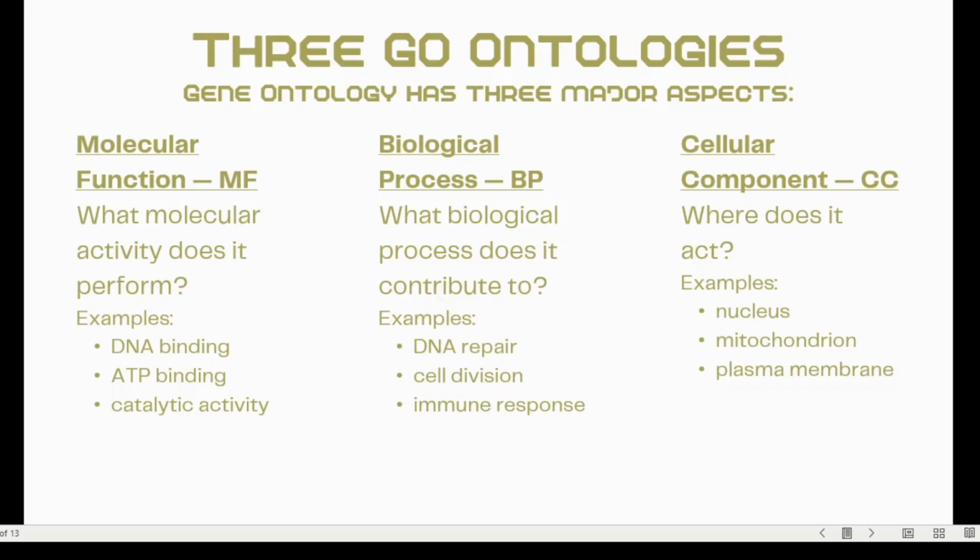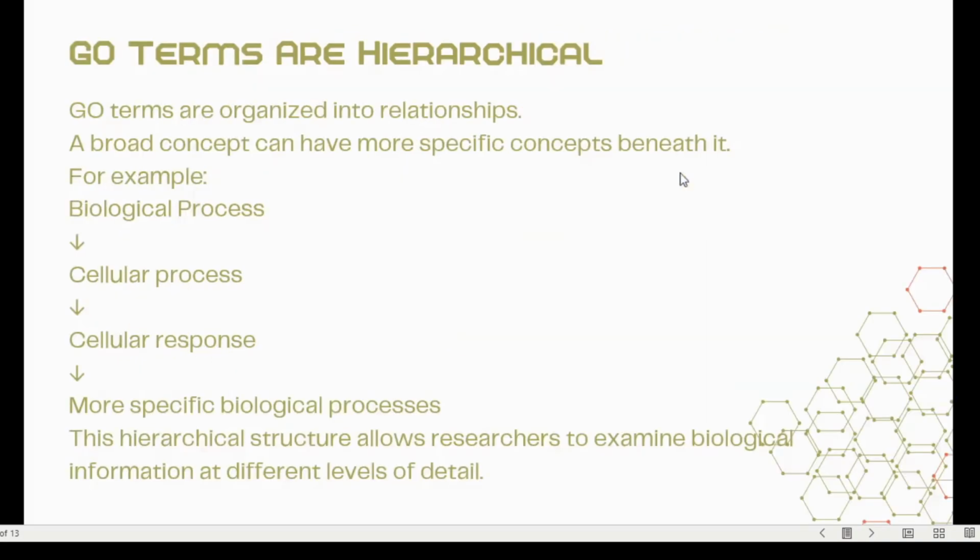Whether this protein is acting in the nucleus, in mitochondria, or on the plasma membrane, that we have to mention. So MF, BP and CC: molecular function, biological process, cellular component. These three aspects we have to see in gene ontology.